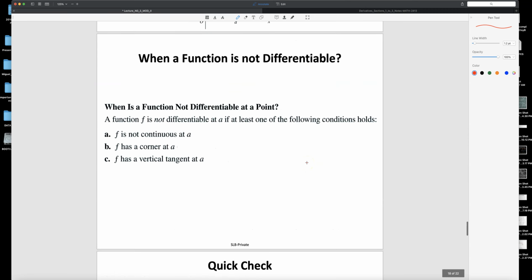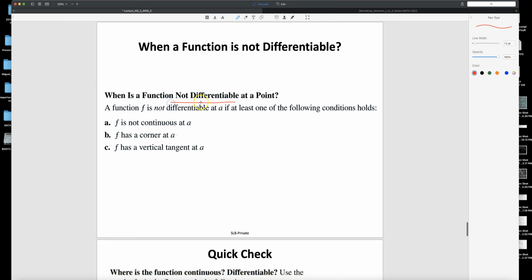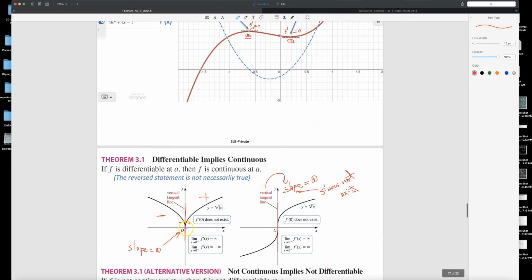Okay? So what I have in here is just a summary of when a function is not differentiable. I mean, when the derivative doesn't exist. It doesn't exist when you have a corner or sharp point. That's what I told you in here. Sharp point.